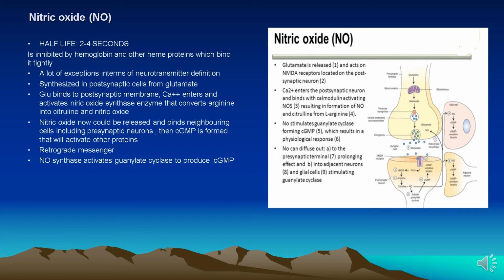As glutamate binds to its receptor in the postsynaptic neuron, calcium ions will enter and activate the enzyme nitric oxide synthase, which converts arginine into citrulline and nitric oxide.